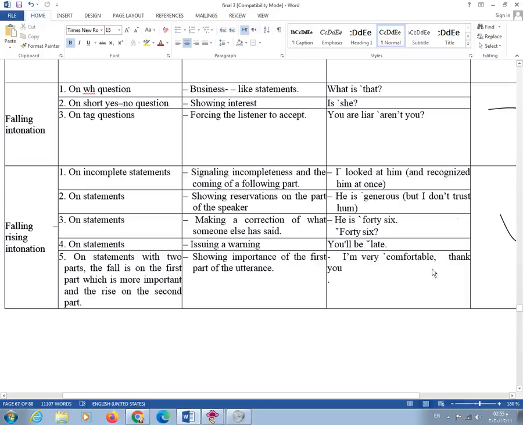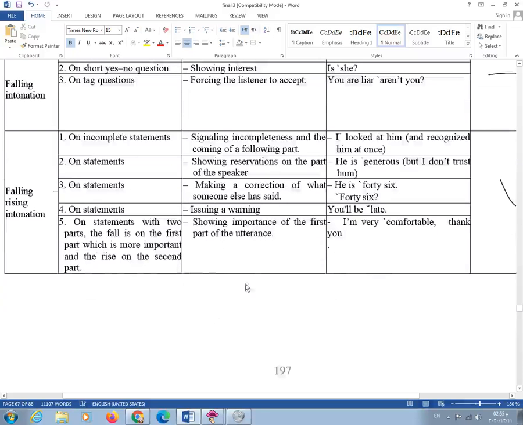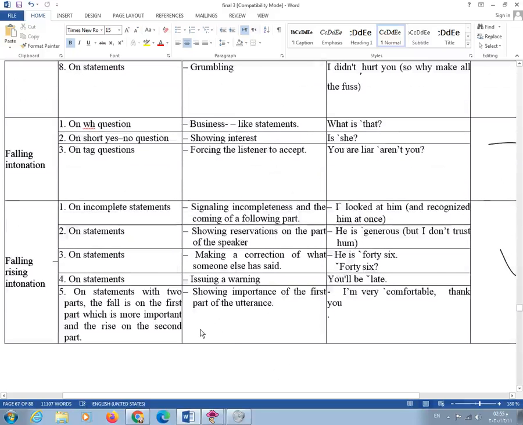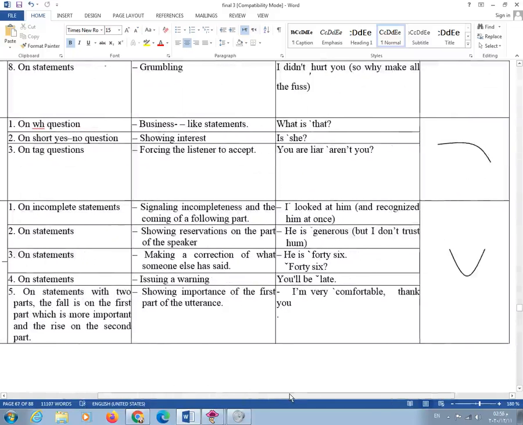And as you see, these are additional functions of English tones. We should know them because we're gonna encounter them in conversations, in our daily interactions, in everyday communication, and so on.